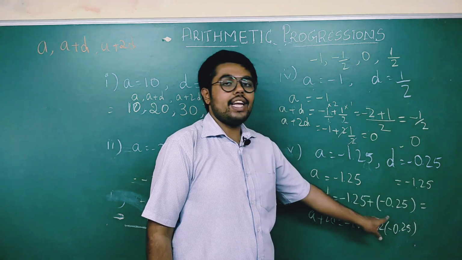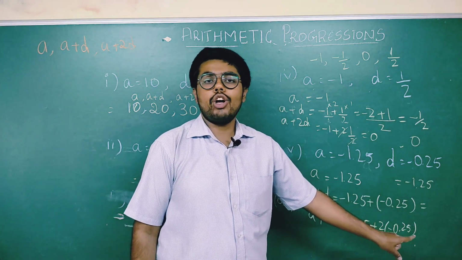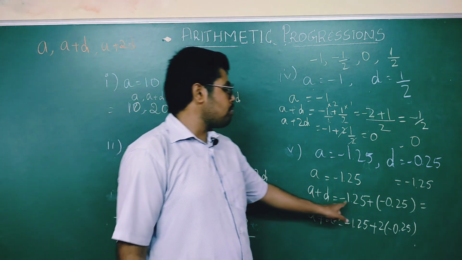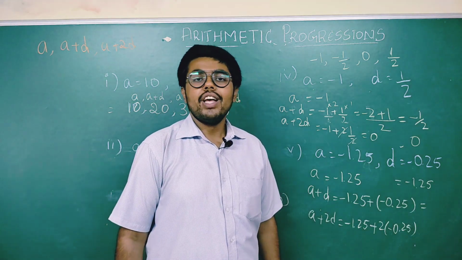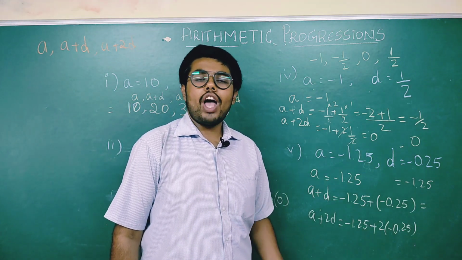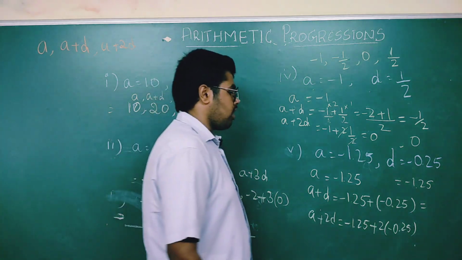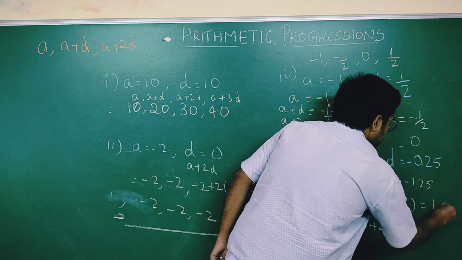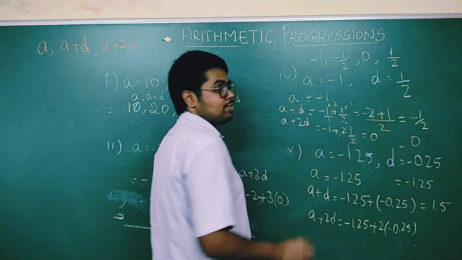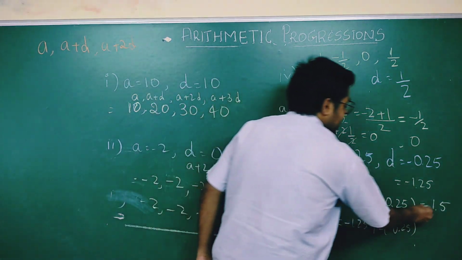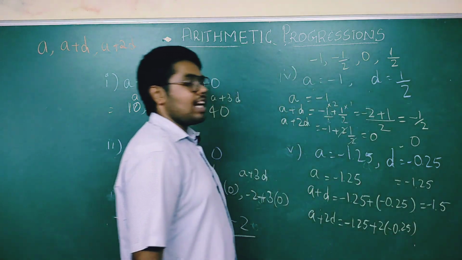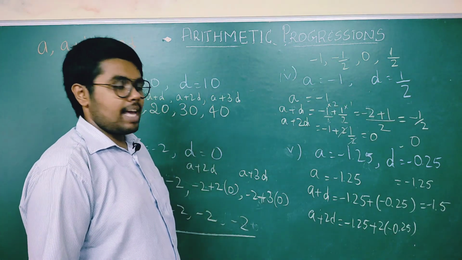So minus and minus, if both numbers are minus, you have to add. What happens if you add 1.25 plus 0.25? If you have 1 rupee and 25 paisa and add 25 paisa to it, it becomes 1.5 rupees. So it is just 1.5, but both are minus, so I have to put the minus sign here. Because both the numbers are minus, you have to add and put the same sign.